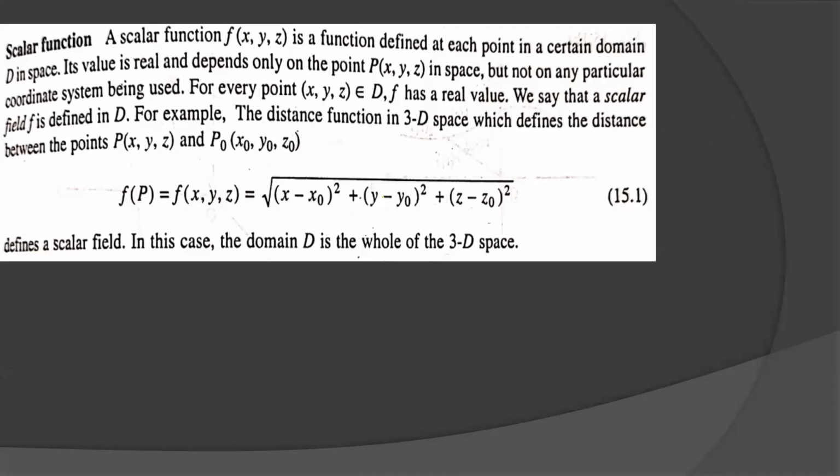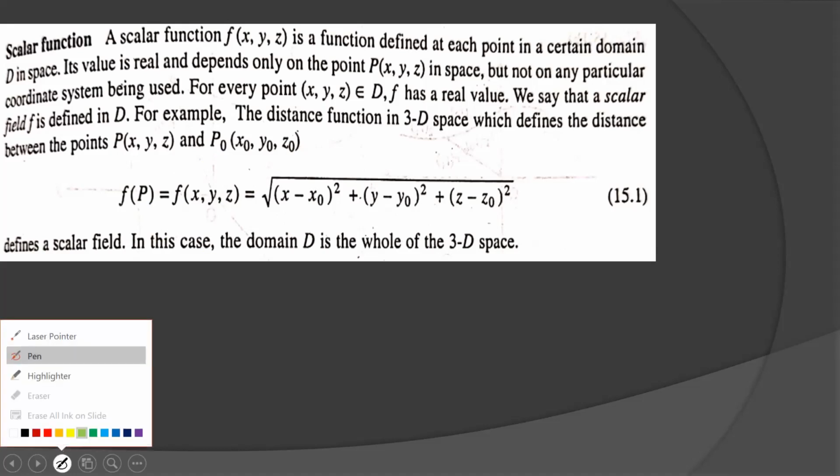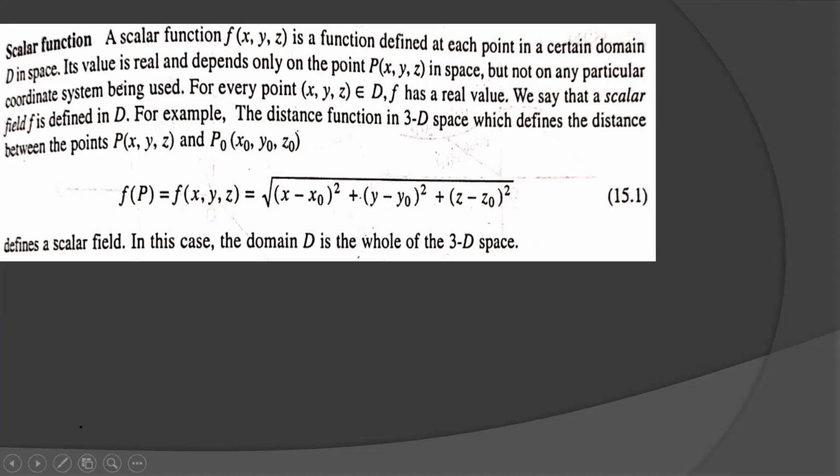A scalar function f(x, y, z) is a function defined at each point in a certain domain D in space. Its value is real and depends only on the point P(x, y, z) in space, but not on any particular coordinate system being used.